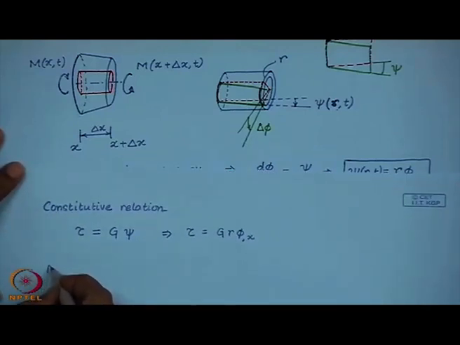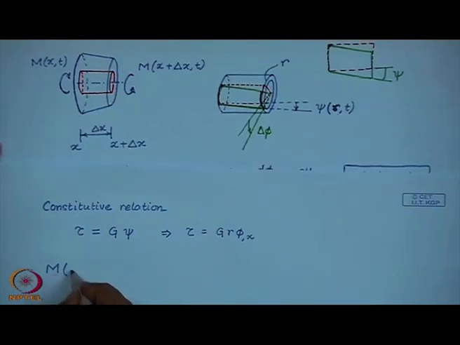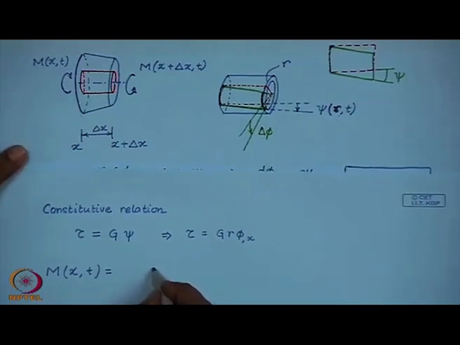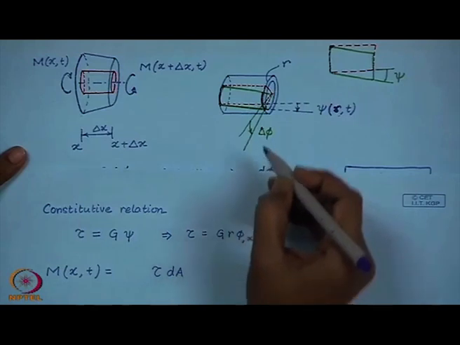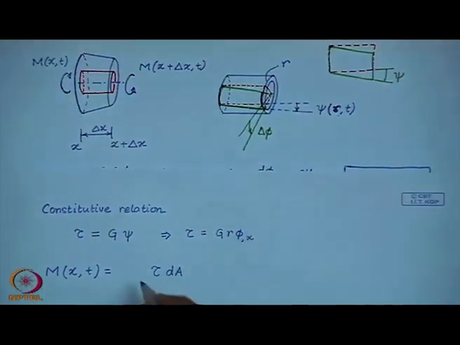So, m at any location x at any time t, I can write from the shear stress times the small area of this ring and the arm.